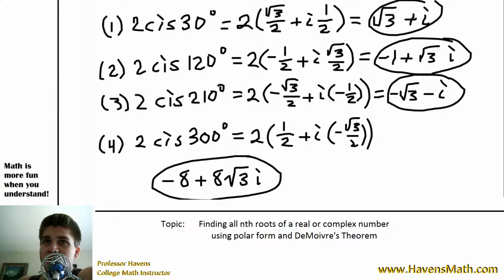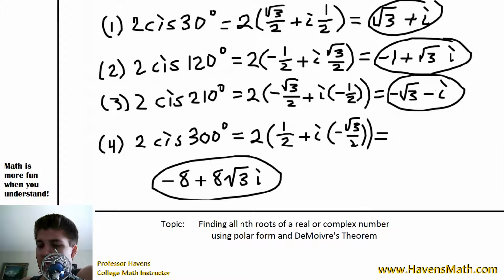So notice these are actually not conjugates. They look kind of like conjugates at first, and that's what tripped me up initially. But the first one is root 3 plus i, and the next one is negative root 3 minus i, which is not a true conjugate. A true conjugate should have the same real component and opposite sign on the imaginary component. So in this case, our real component has opposite sign, so it's not a true conjugate.